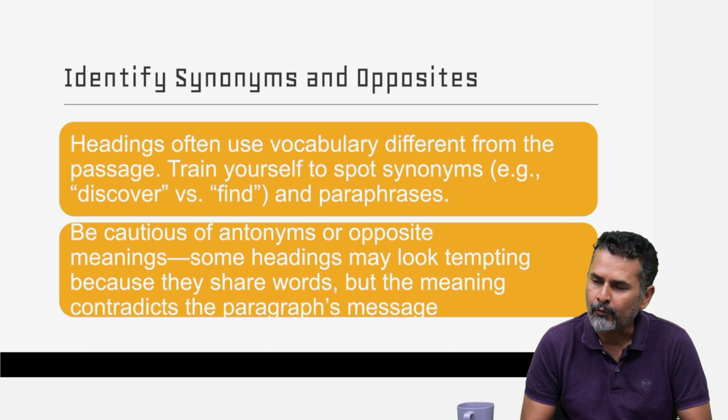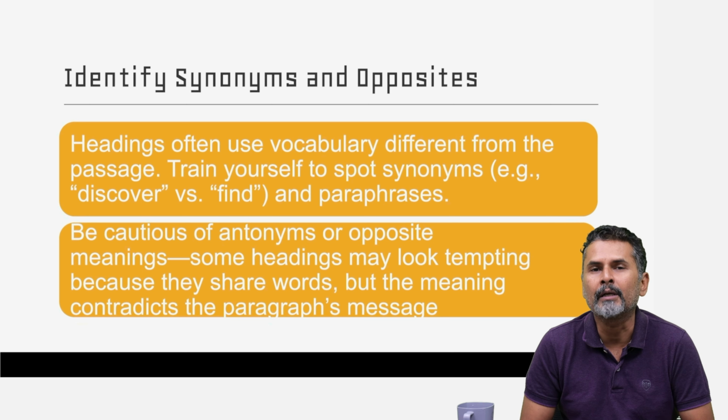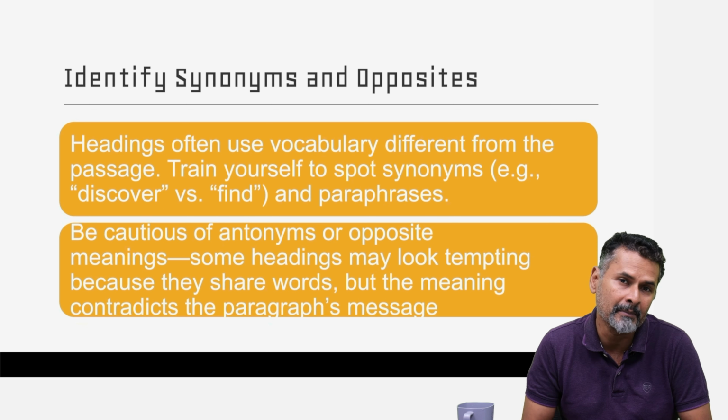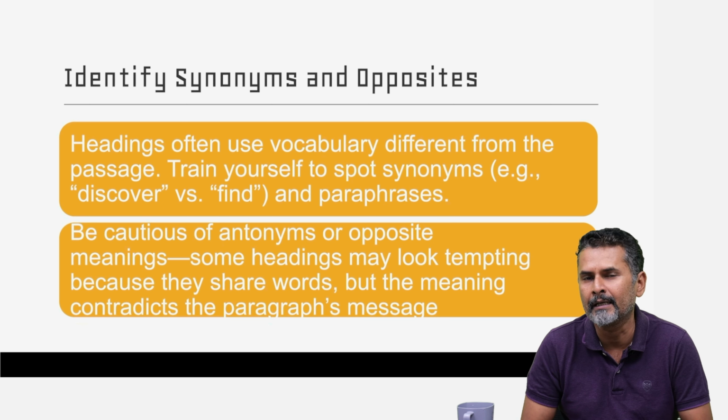So the words might be identical, but because of the way in which they've been put across or the way in which they've been used, they might indicate the exact opposite meaning. So this is another trick that's often used in this question type.